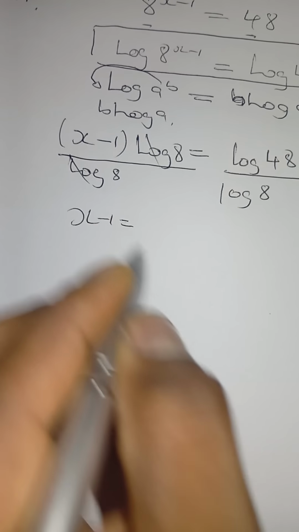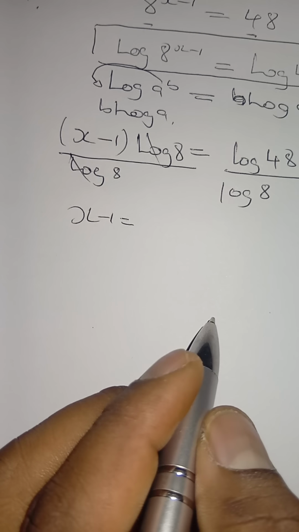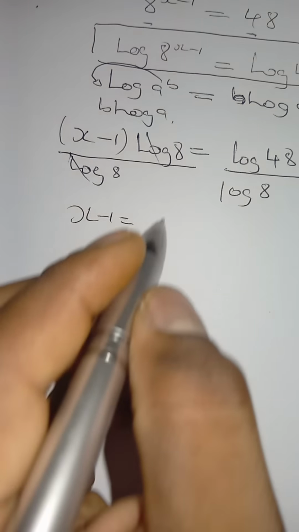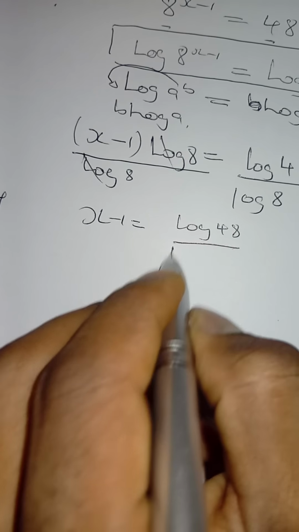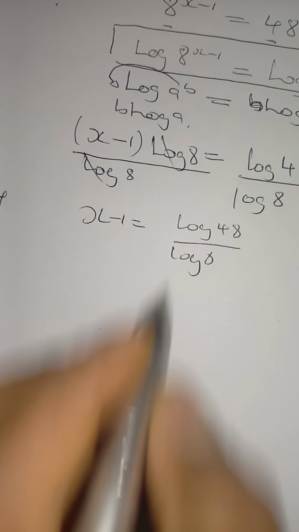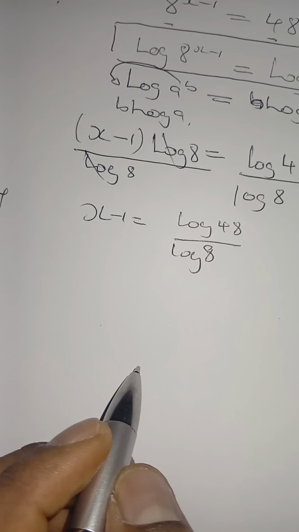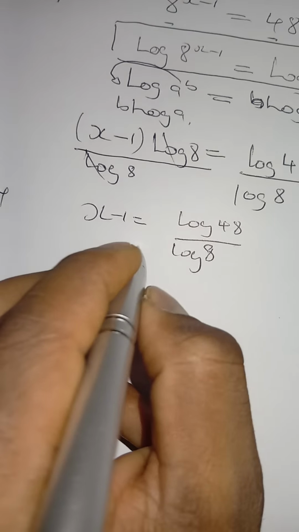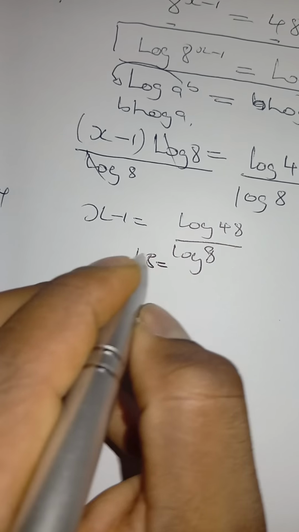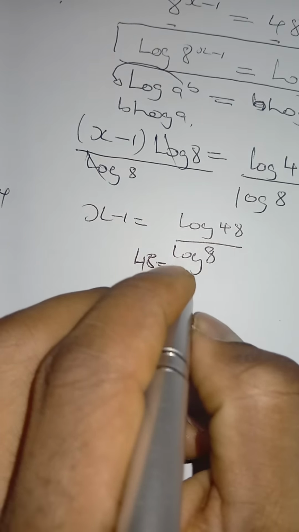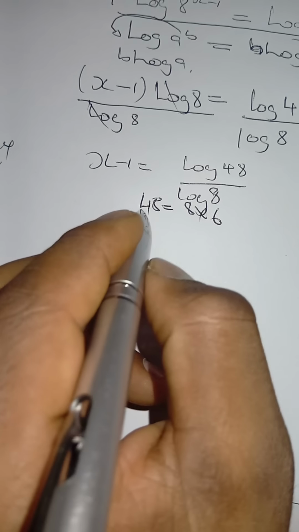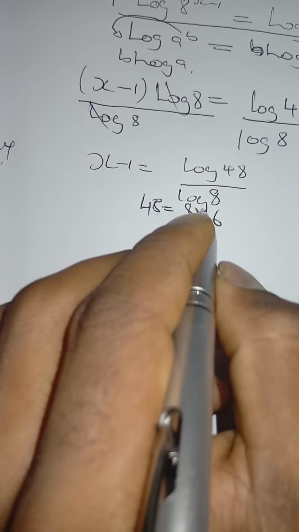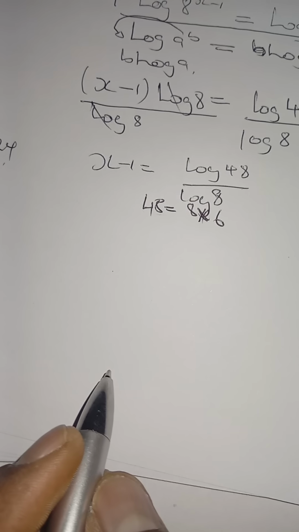x minus 1 is equal to log 48 over log 8. Right. Now 48 is equal to 8 times 6.